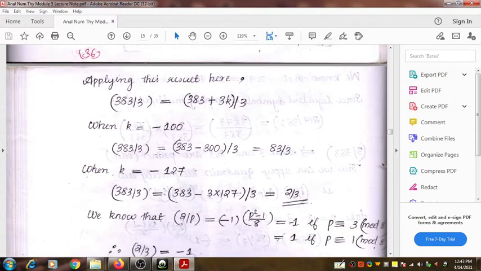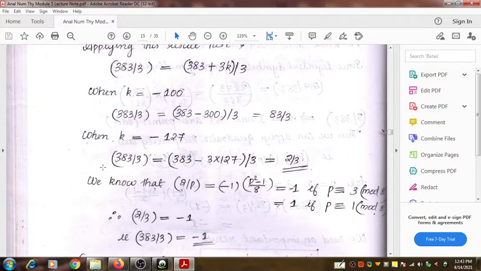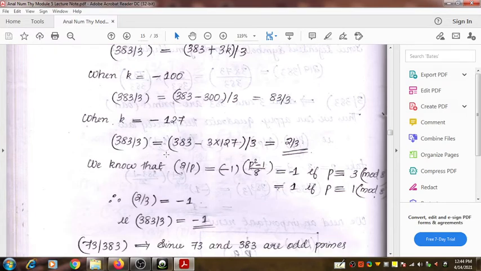Here you can see (383 bar 3). When we take k equal to minus 100, we get (383 bar 3) equal to (383 minus 300 bar 3), which is (83 bar 3). On the other hand, if we take k equal to minus 127, you can write (383 bar 3) is equal to (383 minus 3 into 127 bar 3), which equals (2 bar 3).